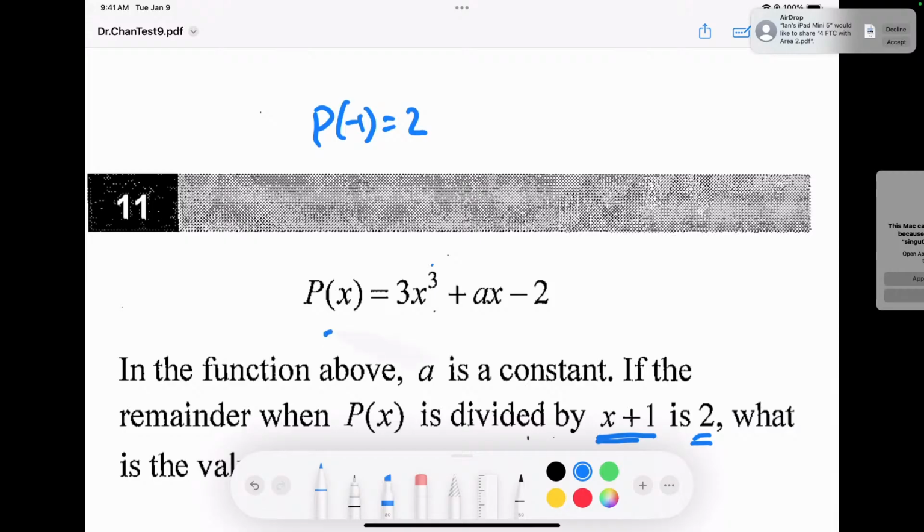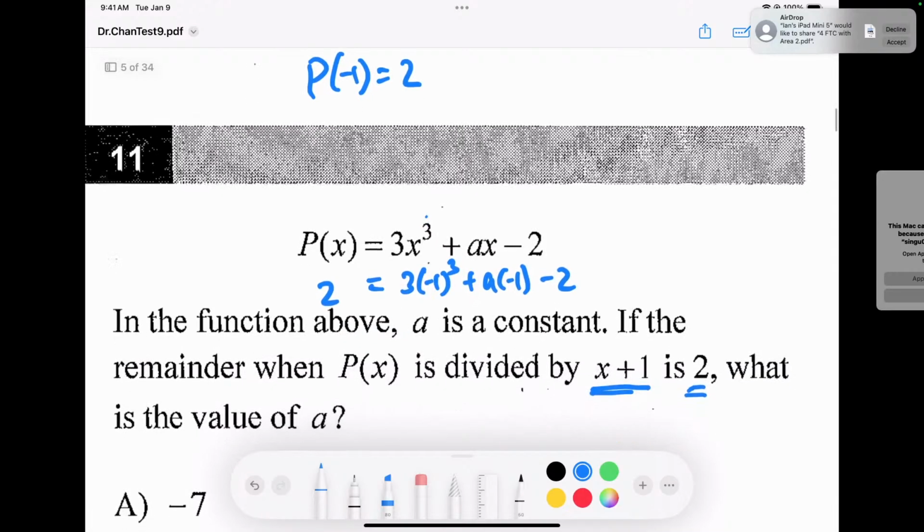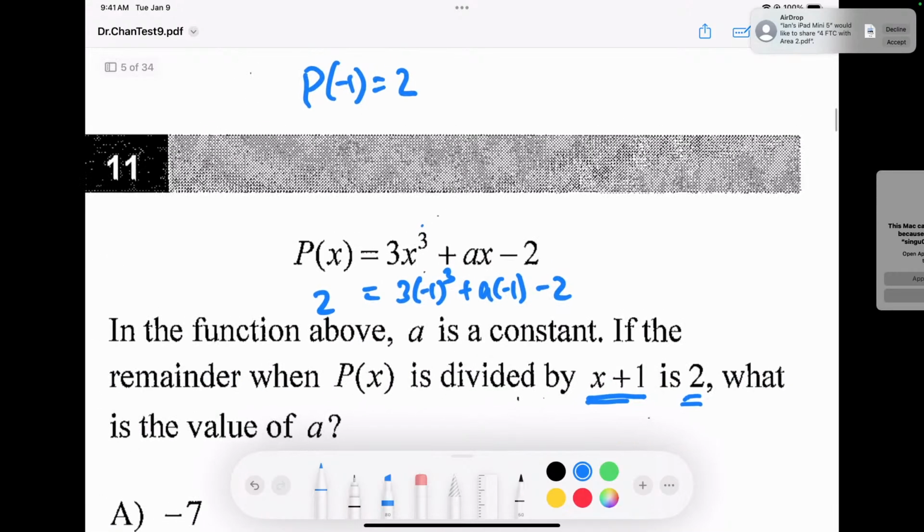So I can set 2 equal to 3 times negative 1 to the third plus a times negative 1 minus 2. So 2 is equal to negative 3 minus a minus 2. Is that okay?